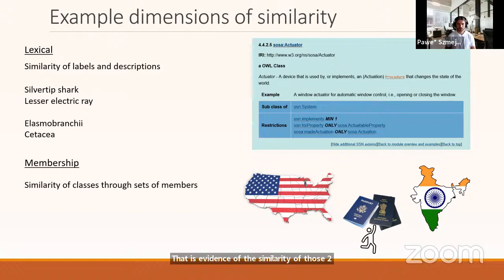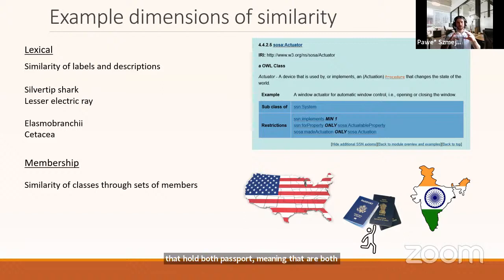In the membership dimension, if we consider, for example, two countries like United States of America and India, I'm sure there are many commonalities between those. We could find many similarities. One that I want to talk about is people that hold both passports, meaning that are both Americans and Indians.